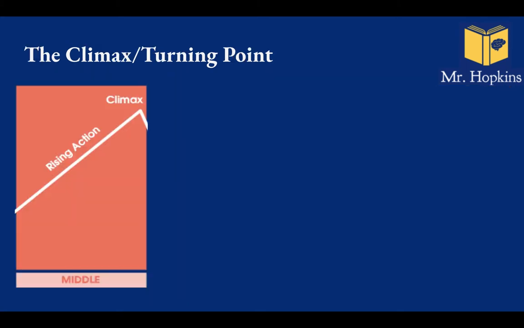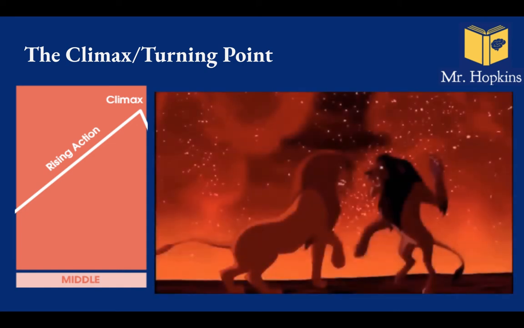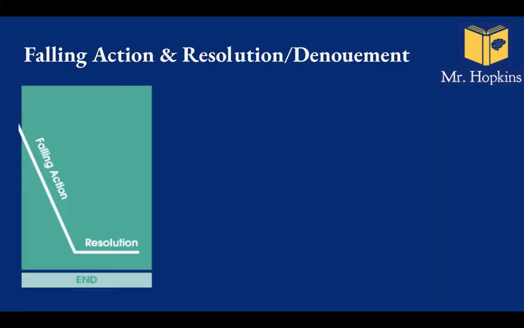Basically, as I said, everything that leads up to the climax or the turning point. Now, this is the most actionable piece of a story. It's usually the big boss fight scene at the end. So obviously in the case of The Lion King, the climax or the turning point of the story, where everything starts to change and get better, is where Simba fights Scar in Pride Rock.